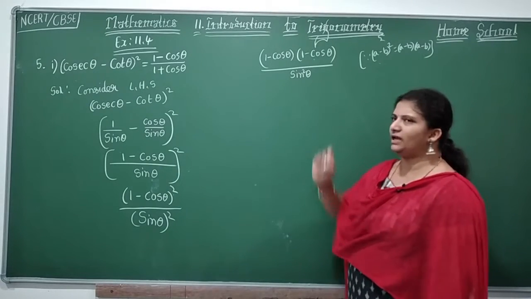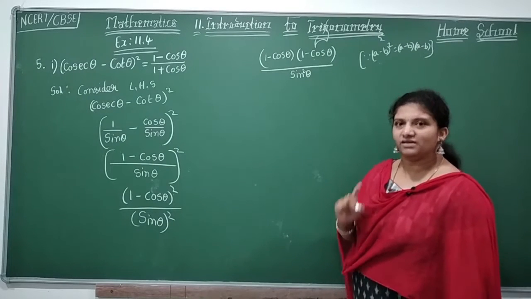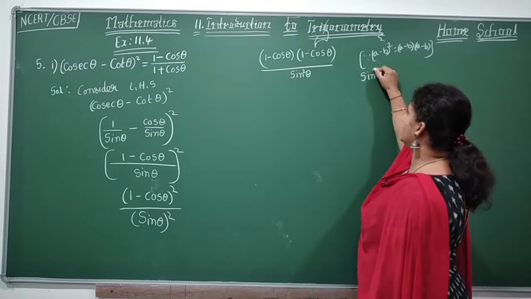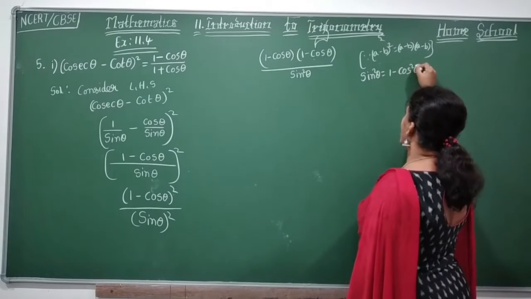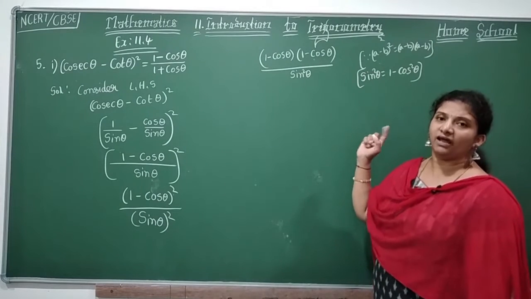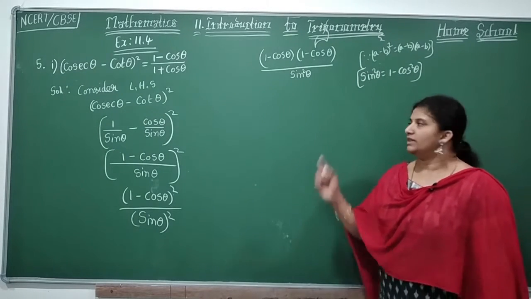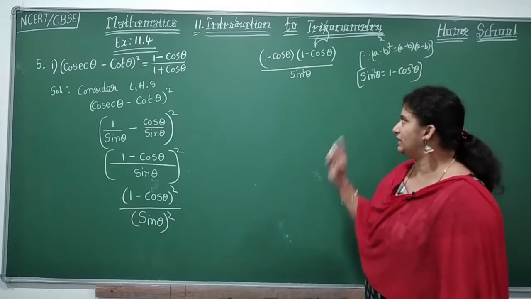Sin square theta, immediately you might remember some identity. Yes, sin square theta can be written as 1 minus cos square theta. From which identity have we derived this? Sin square theta plus cos square theta is equal to 1, then sin square theta is equal to 1 minus cos square theta.